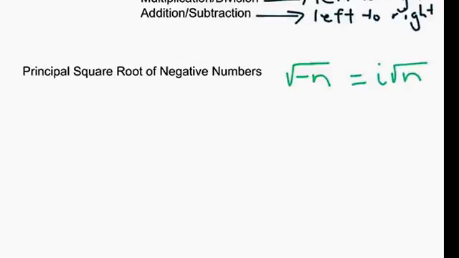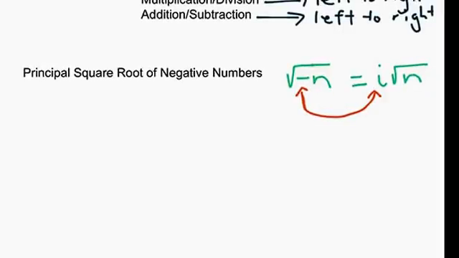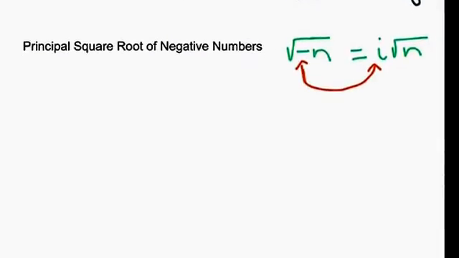So what we have done is we have taken the negative sign and pulled it out as an i, and that leaves the n underneath the radical sign. Okay? Now, what does that mean in terms of actually working a problem?